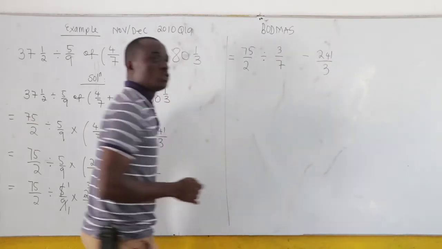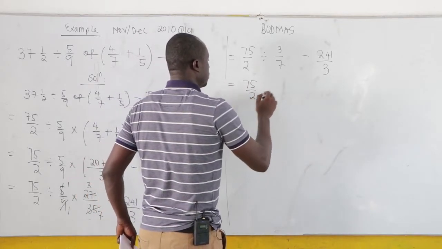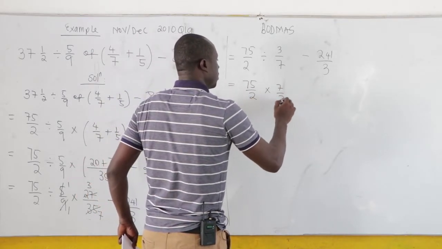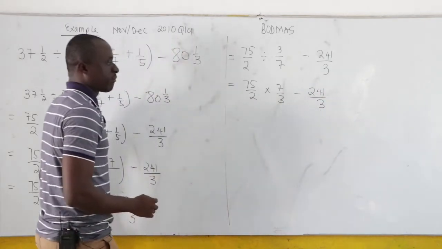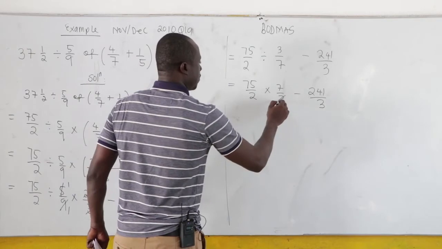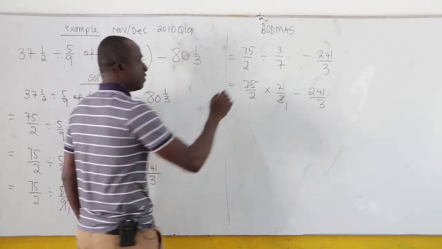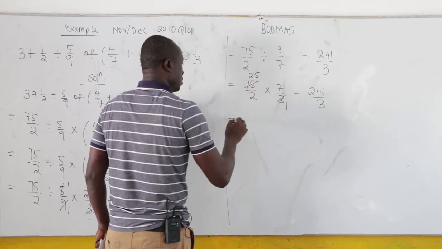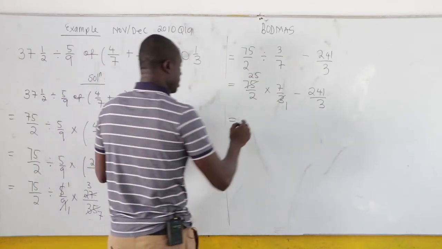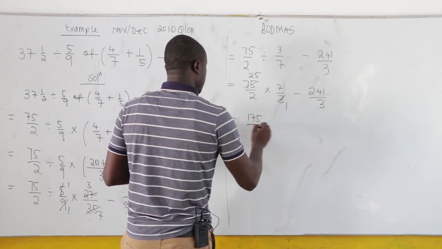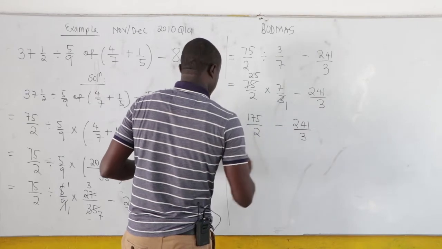Now division will change to multiplication. So we have 75 over 2 times 7 over 3 minus 241 all over 3. Now let's see, 3 will go into itself 1, 3 will go into 75, that is 25 times. So we have 25 times 7, and this will give us 175 all over 2 minus 241 all over 3.